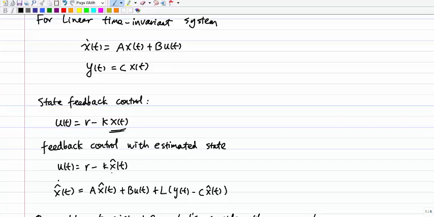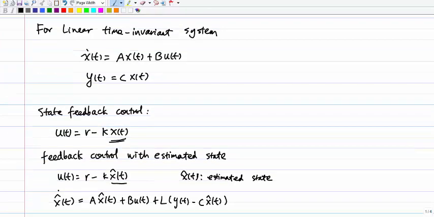So x hat t here is called the estimated state. In the previous video I talked about two ways to estimate the state: one is the open loop state estimate, and the other is the closed loop state estimate. The closed loop state estimate has the benefit of guaranteeing that the state estimate error will go to 0 as t goes to infinity if the system is controllable.